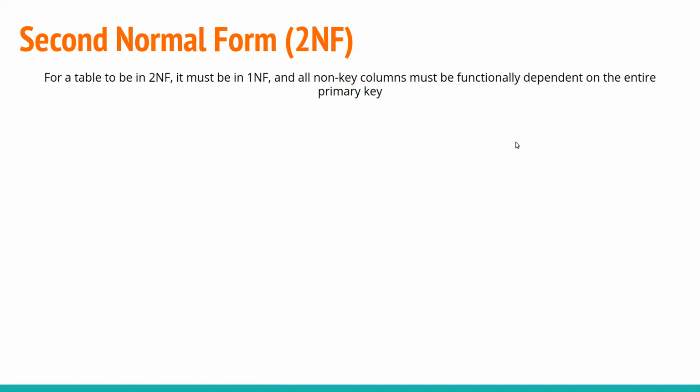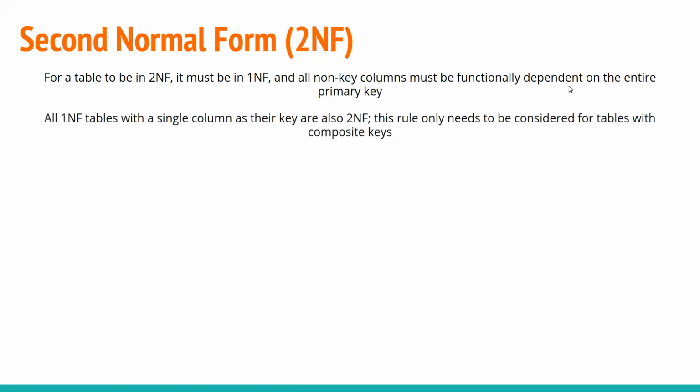That's what second normal form requires. This rule looks complicated, and I would say it's the most complicated rule to understand at first glance. But once you know what the rule is saying, it's very easy.